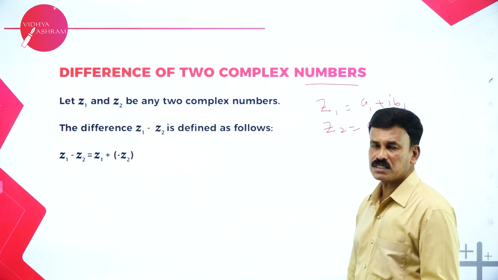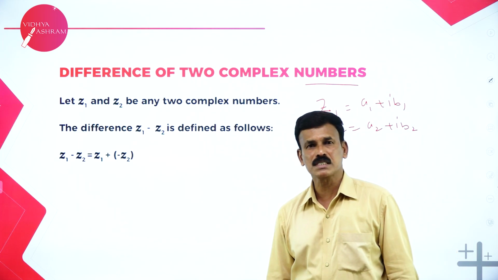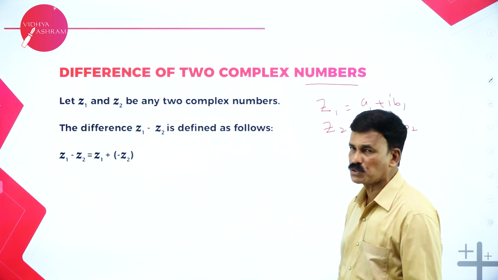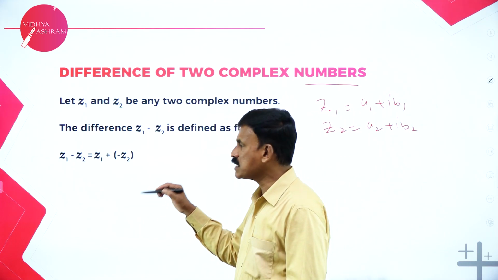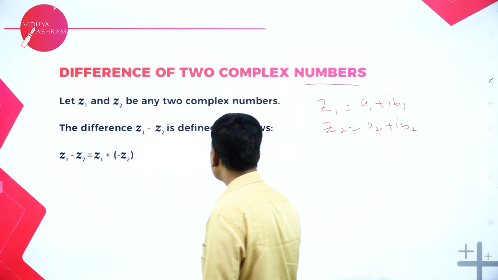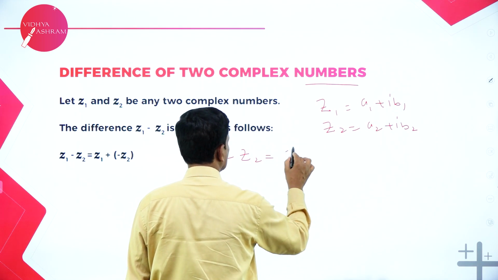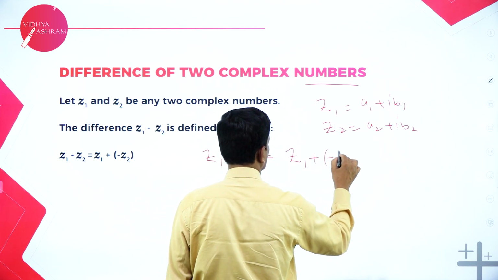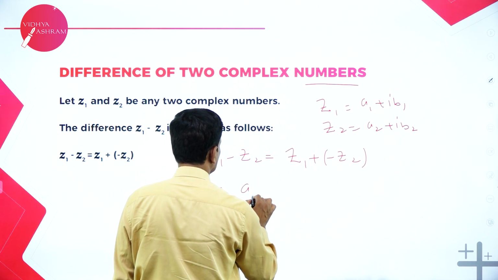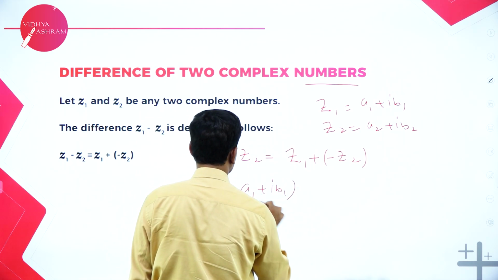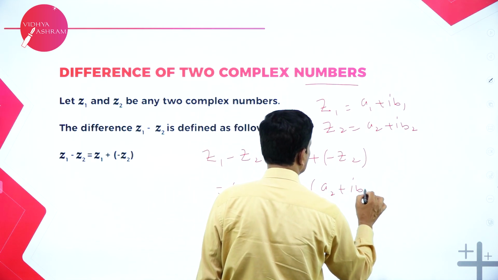The difference of these two complex numbers is denoted as Z1 minus Z2 and is given by Z1 minus Z2 equals Z1 plus minus Z2. Or straight away you can write Z1, A1 plus i into B1, minus Z2, A2 plus i into B2.